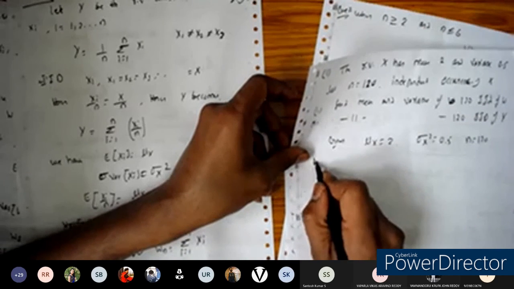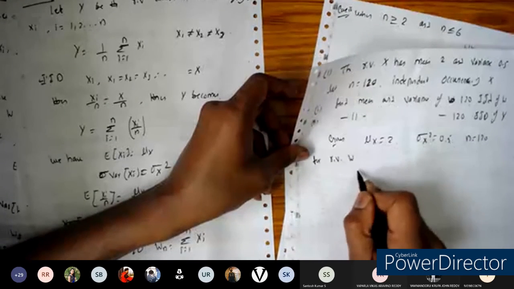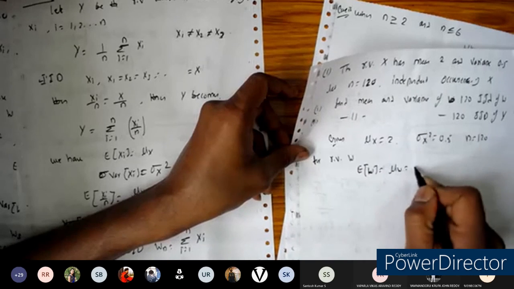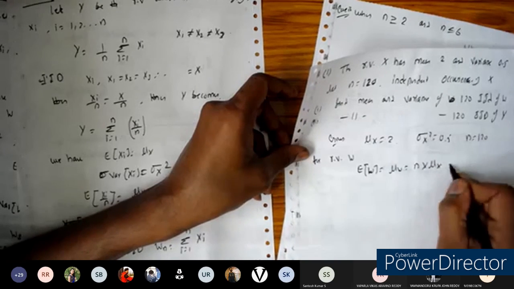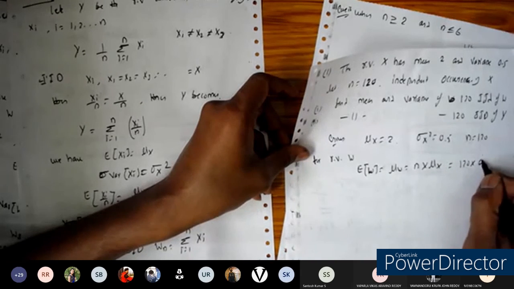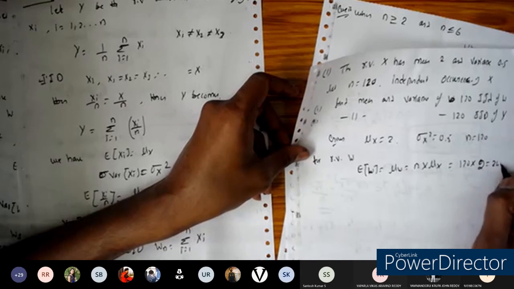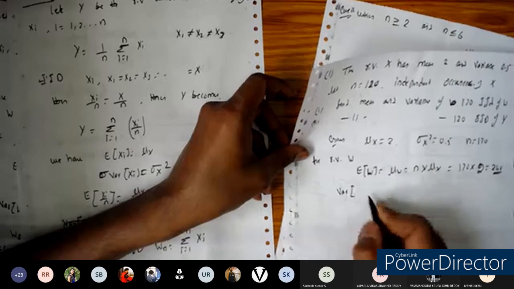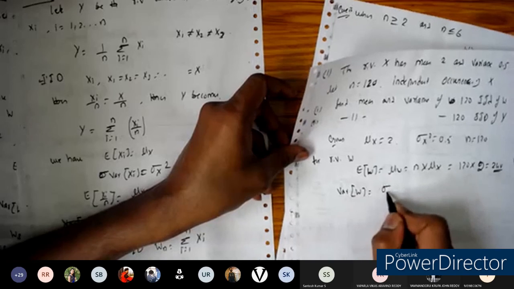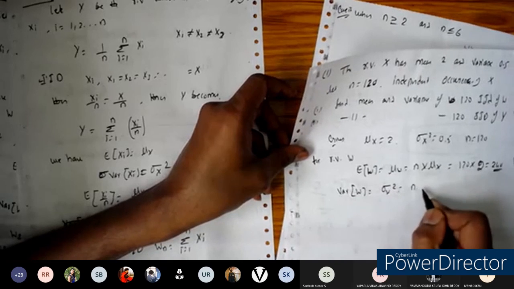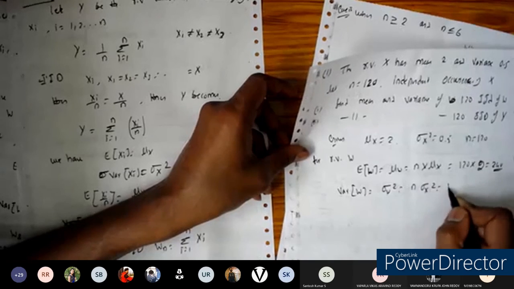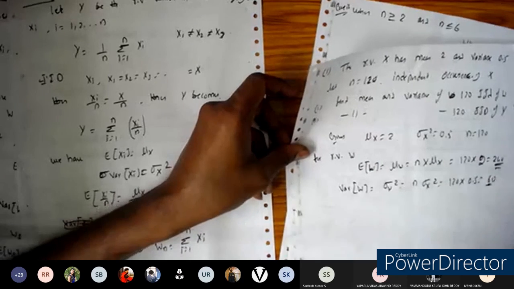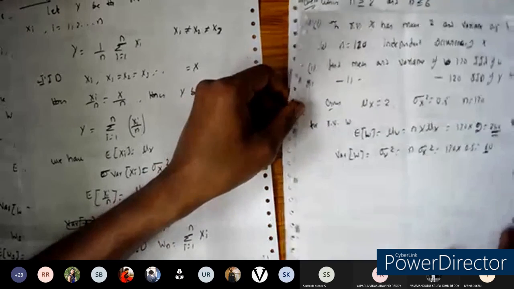Now for the random variable w, the expected value of w is n into nu x, so 120 into 2, which becomes 240. The variance of w, sigma w square, is n into sigma x square, so 120 into 0.5, which becomes 60.